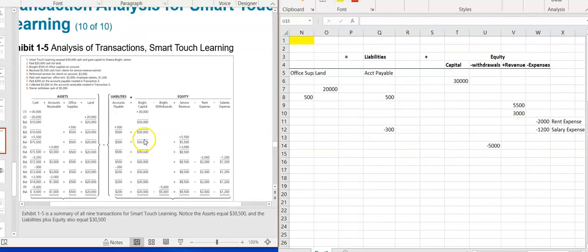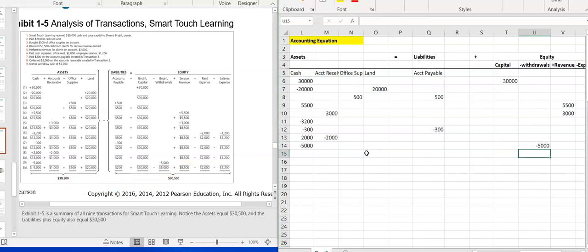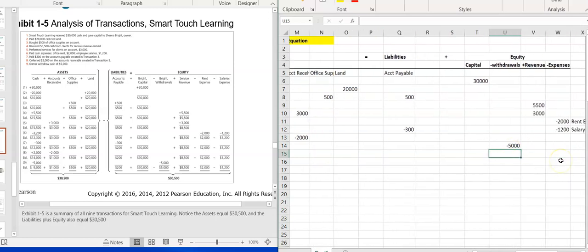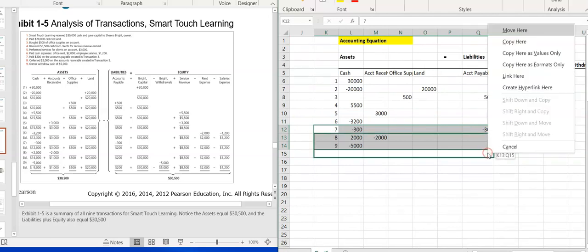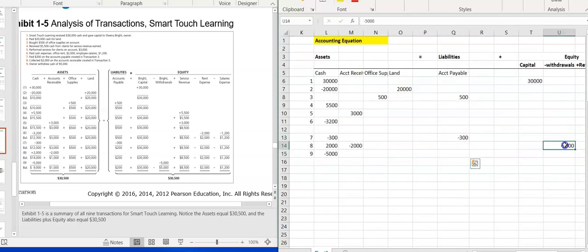All right, so then the next thing to do is make sure that everything balances out. Notice they made sure both things balanced out. So let me do that. Oh, you know what I did do that I shouldn't have done? I need to shift these guys down. And I also need to move this one down.